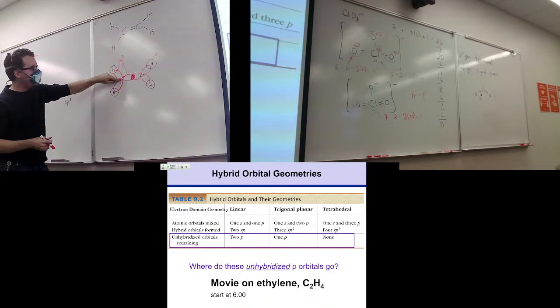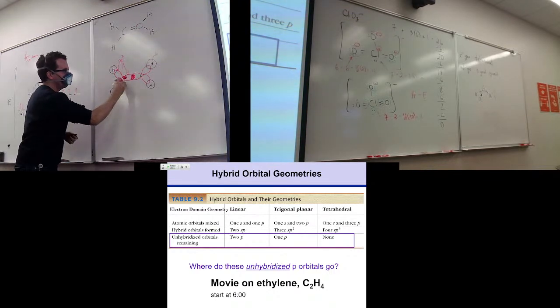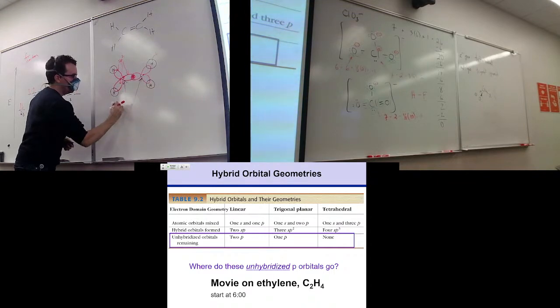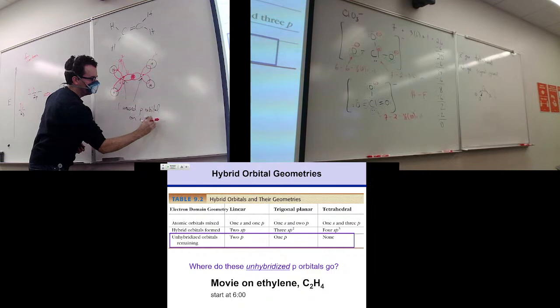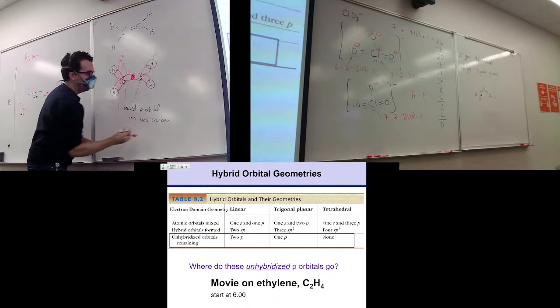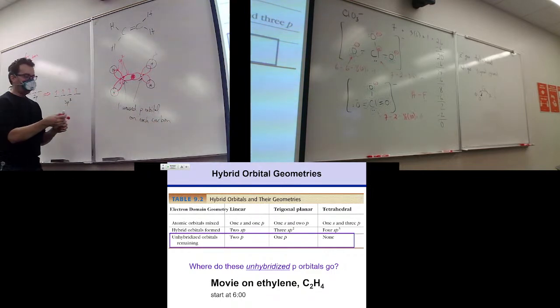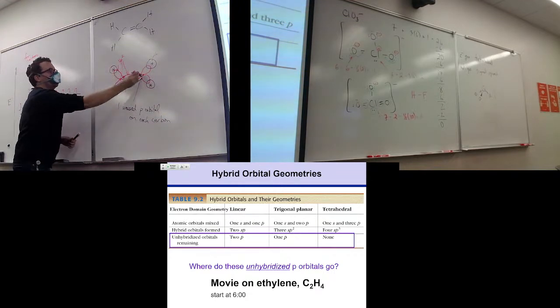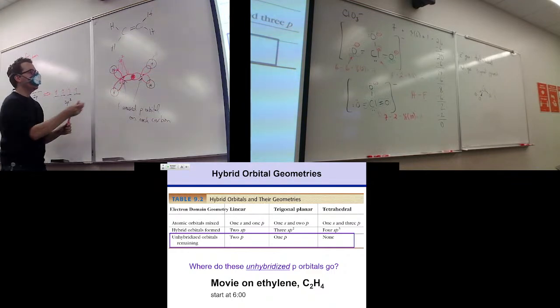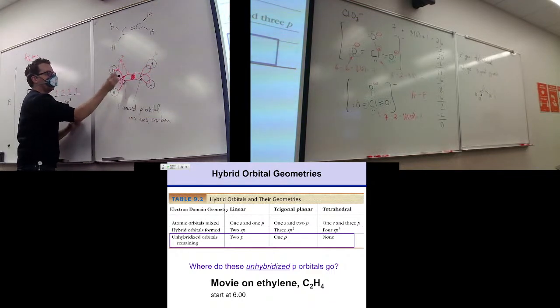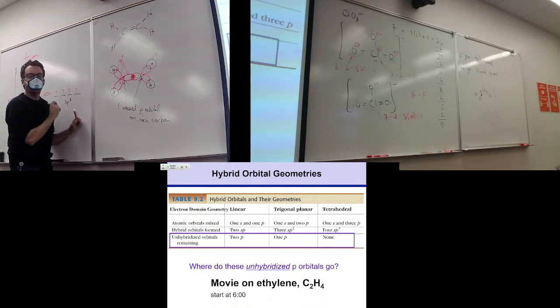There is one unused p orbital on each carbon, and they are actually pointing in and out of the board right now. We're looking at this thing flat, head on, so the unused p orbitals are going in and out of the board. One lobe is sticking out of the board, the other lobe is sticking right into the board.